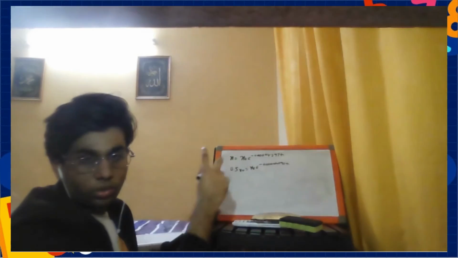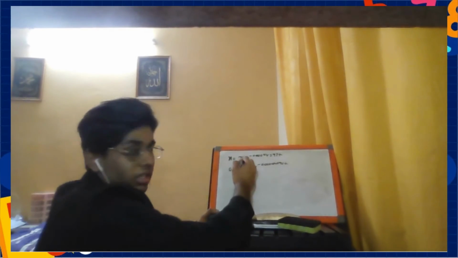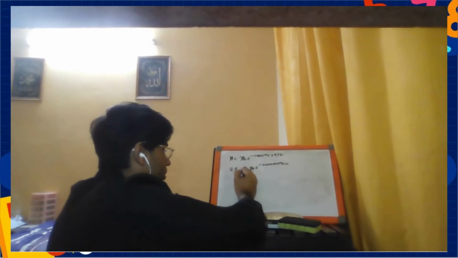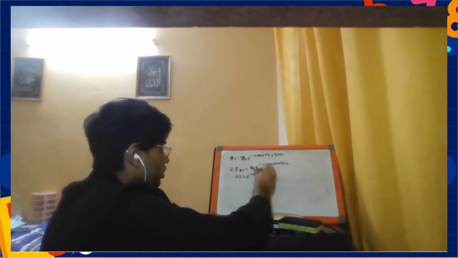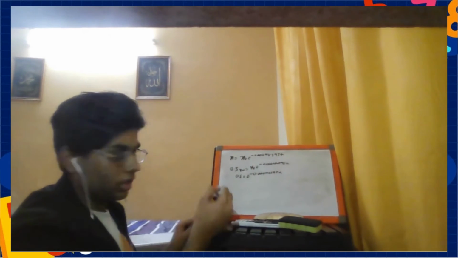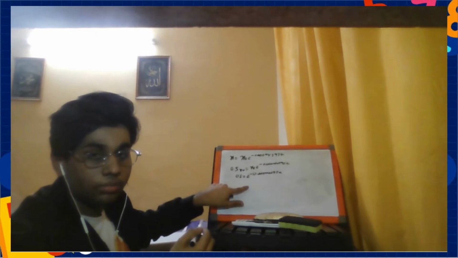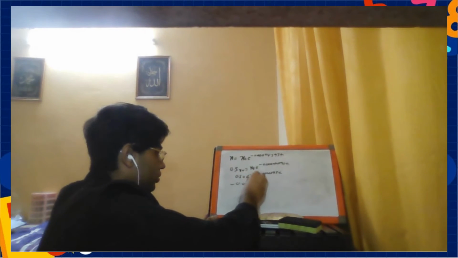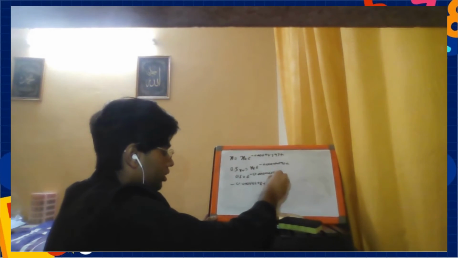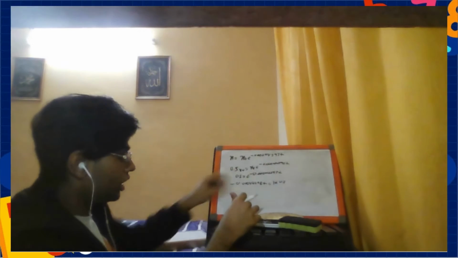So once you got this form, you can rewrite it in this manner. 0.5 is equal to e to the power of negative 0.000449293 t. So once you got it in this form, you can straight away bring it over here, so you will get negative 0.000449293 t is equal to ln 0.5.